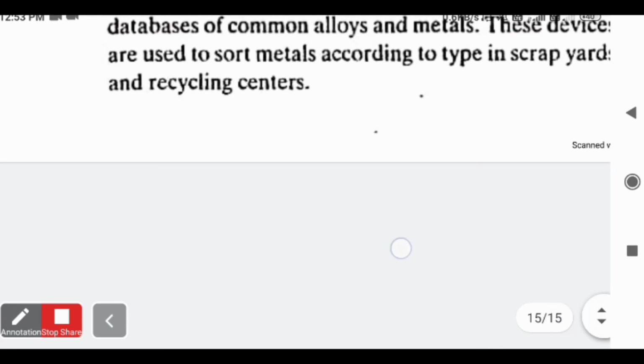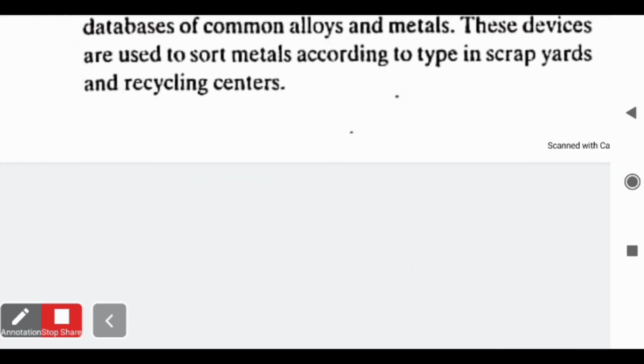So this is atomic emission spectroscopy. In atomic emission spectroscopy, we first saw the plasma sources and then the electric sources. In plasma sources there are three: inductively coupled plasma, direct current plasma, and microwave induced plasma. Out of these, in detail we have studied the ICP and DCP: their principle, application, advantages and disadvantages.